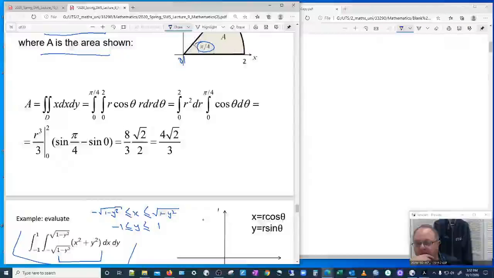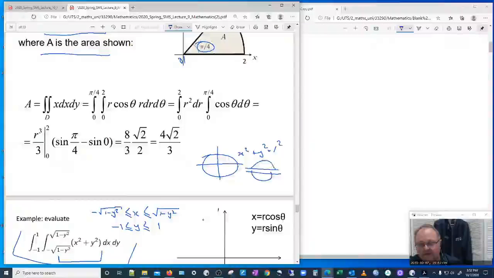So these intervals represent the half circles. So x squared plus y squared is a circle with a radius of 1. Okay, and these limits are the piecemeal parts. So in other words, they're the bottom half and the top half.